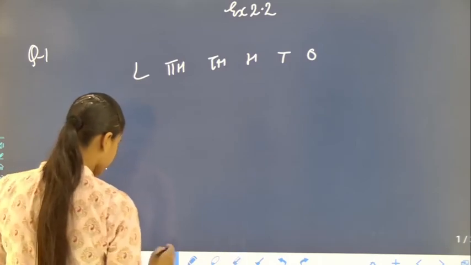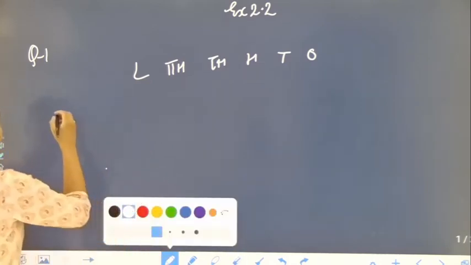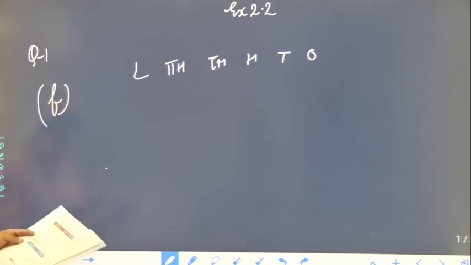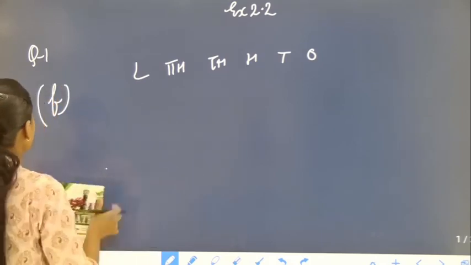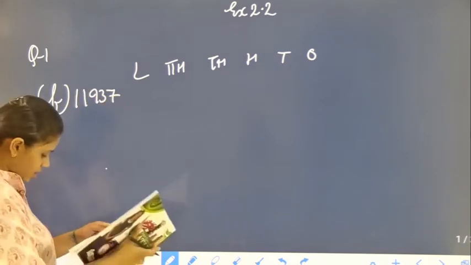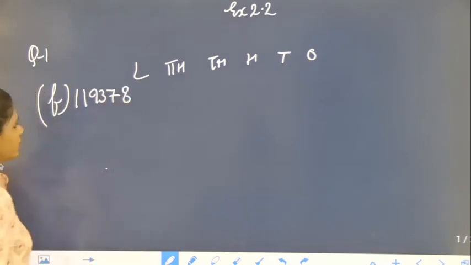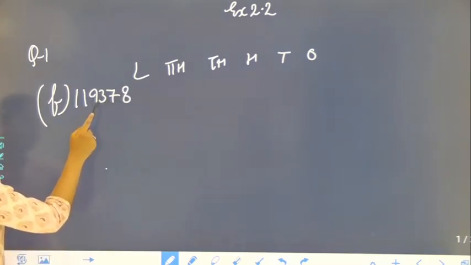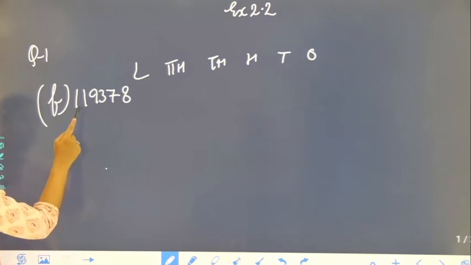Okay. F part, that is 119378. Again we will start from the right hand side. Ones, tens, 100, 1000, 10,000 and lakh.